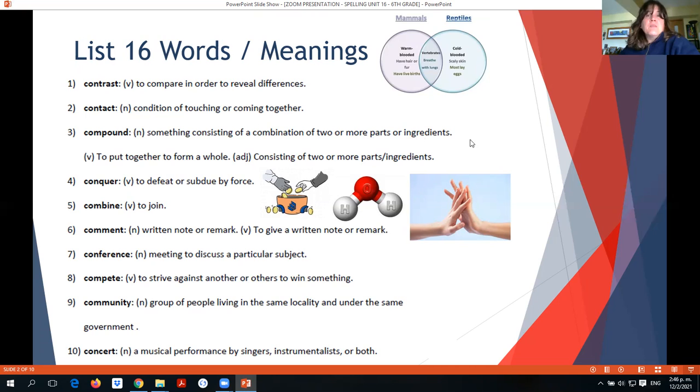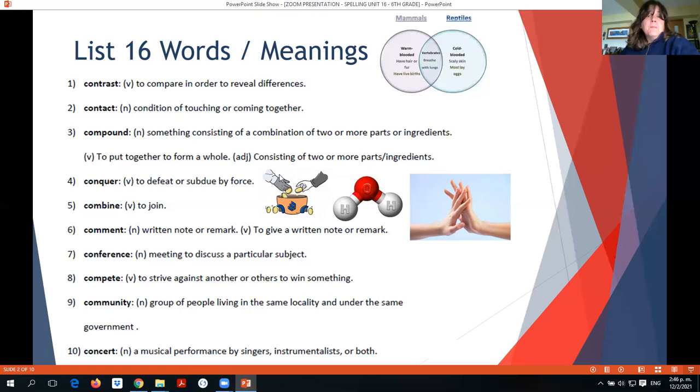When you say that something is a compound, you say that something is consisting of two or more parts or ingredients, okay? For example, water is a compound because it's composed of two atoms of hydrogen and one of oxygen. So water is a compound, okay?